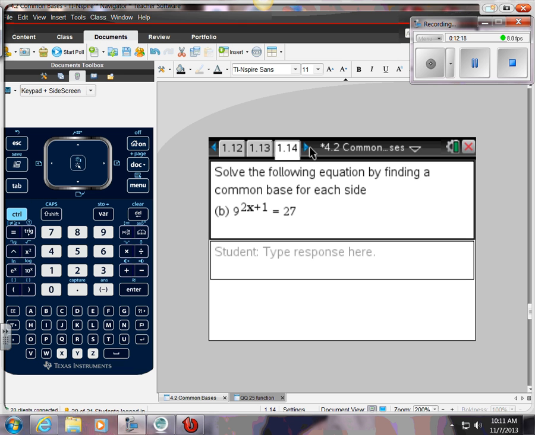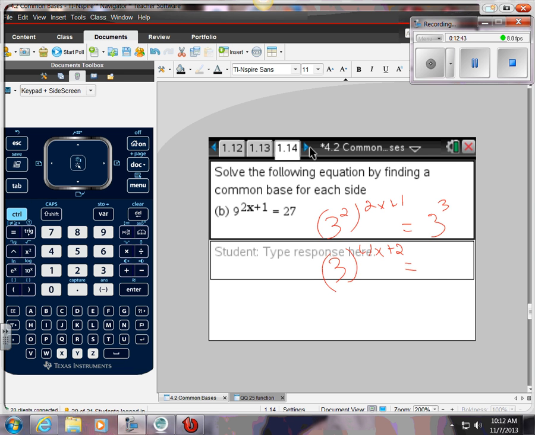Common bases, left-hand side should look like 3 squared raised to the 2x plus 1. Right-hand side, 3 raised to the 3 cubed. Now I need to distribute the 2. So our left-hand side, 3 raised to the 4x plus 2.